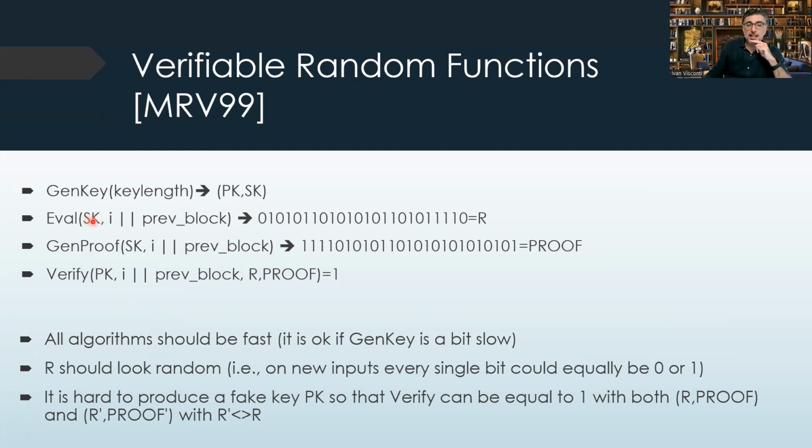All right, as I told you, I cannot send my inputs to others because the secret key is secret by definition. So others, to check, will have to do something else. I have another algorithm called the proof generation algorithm, gen proof, that still requires my secret key and the same input, but will provide an additional string that we call proof.